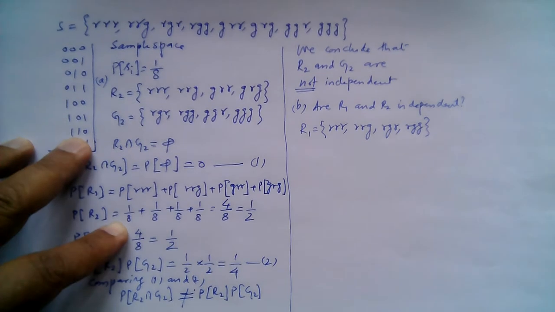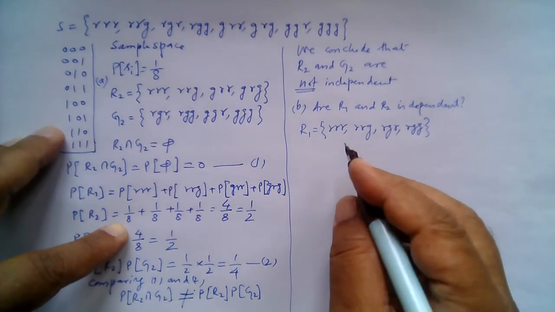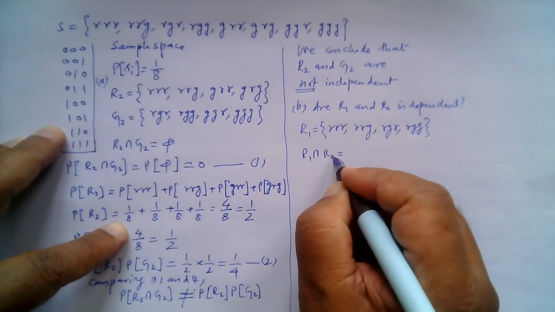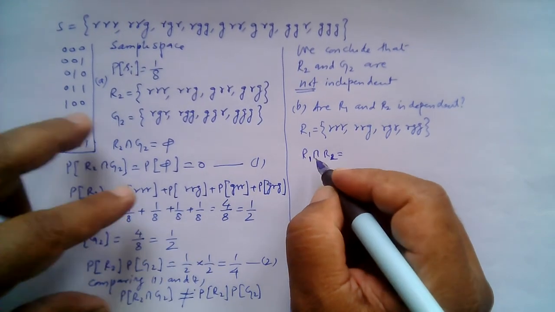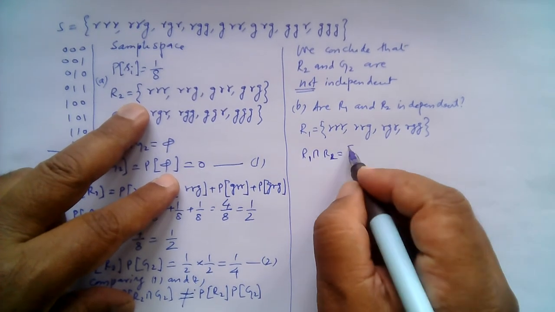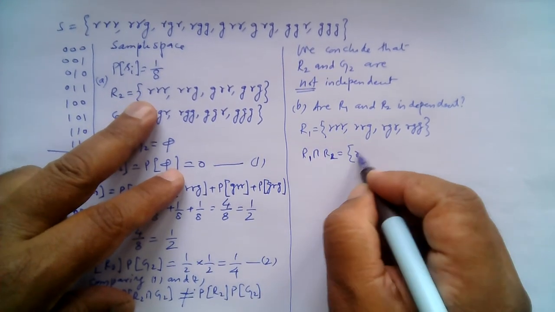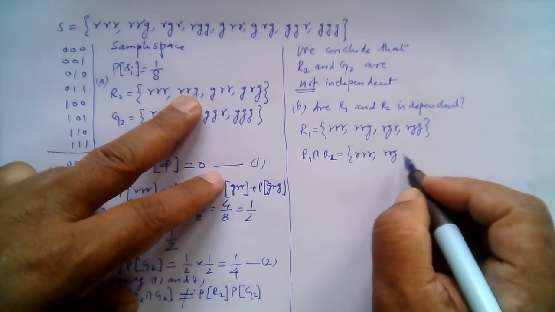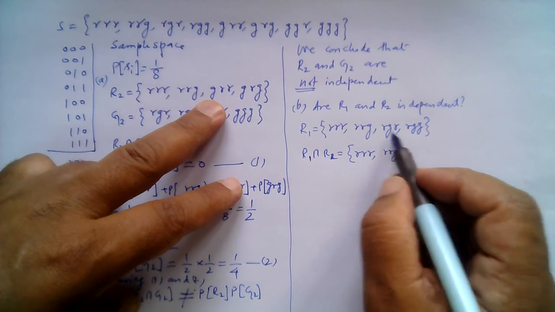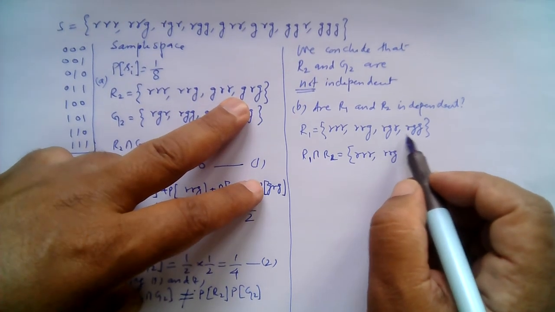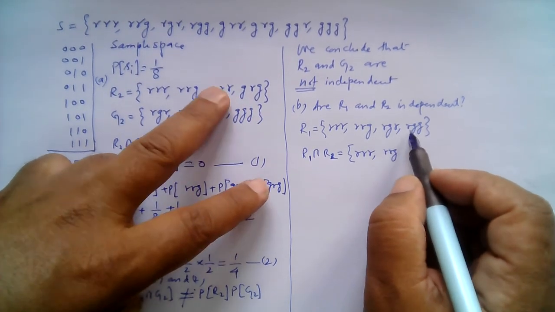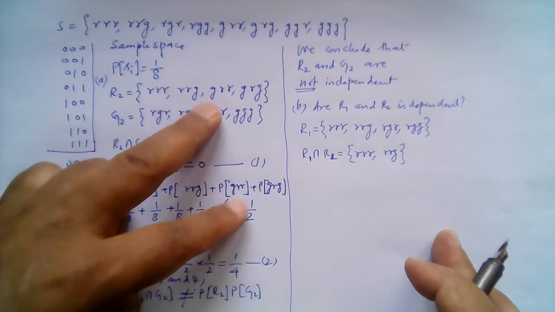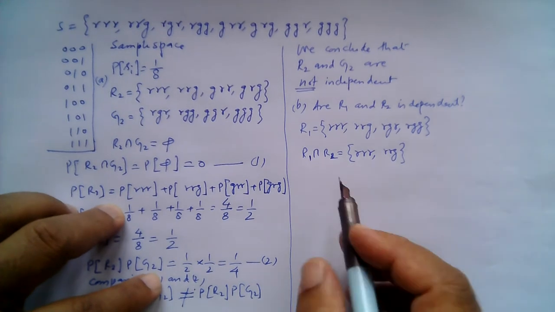So let's now find out R1 intersection R2, right? So this is R2 and this is R1. As we can see, this outcome RRR is common to both, right? This RRG is common to both, right? This GRR is not here, this GRG is not here, and these two events are not here. So this is the intersection of R1 and R2.